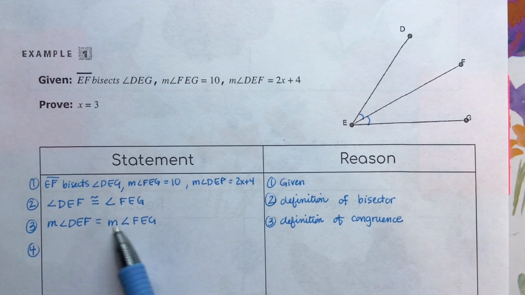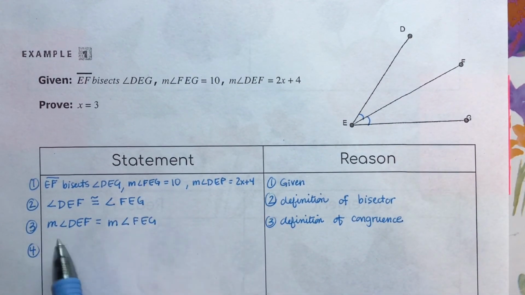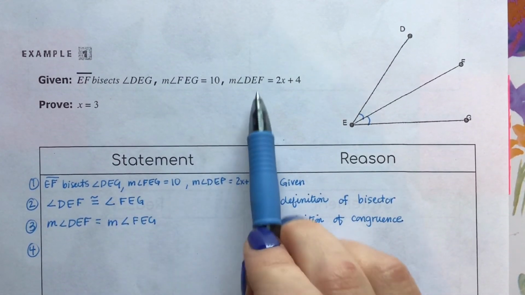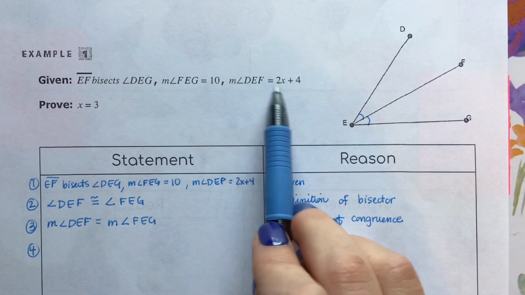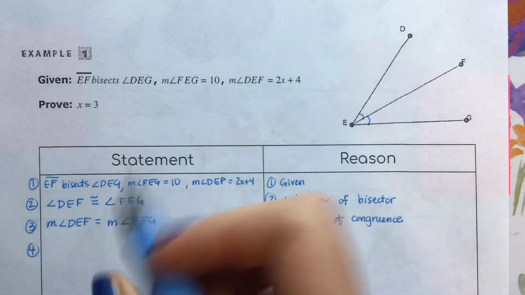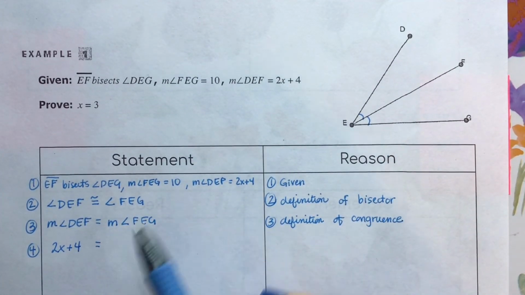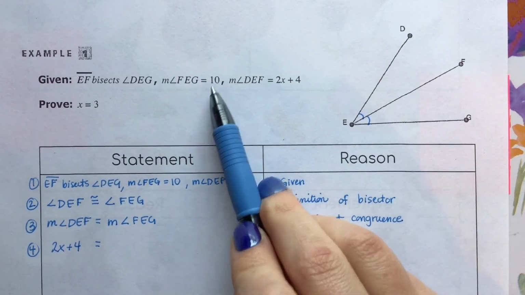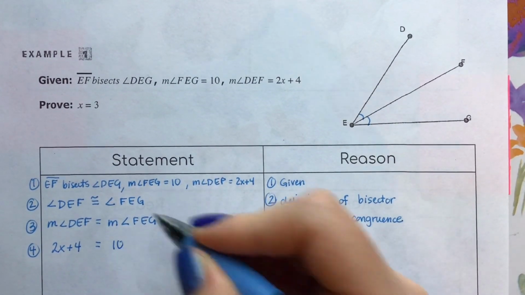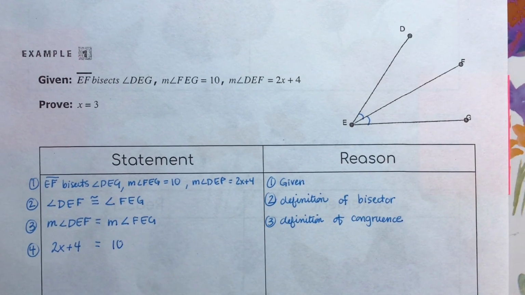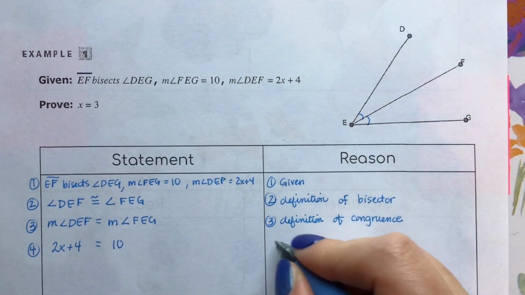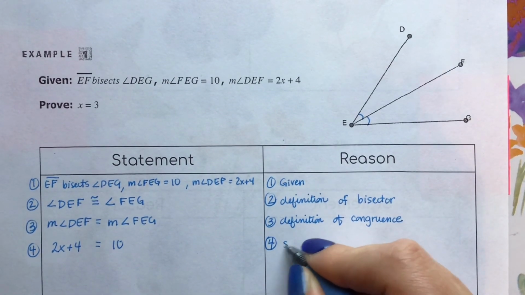So I'm going to rewrite this now with an equivalent value in replace of that. So measure of angle DEF is right here, and DEF is equal to 2x plus 4. So I'm going to replace that. So I have 2x plus 4 is equal to, and then measure of angle FEG is 10. I'm going to replace it with 10. When you replace a value with a similar or equivalent value, that is called substitution.